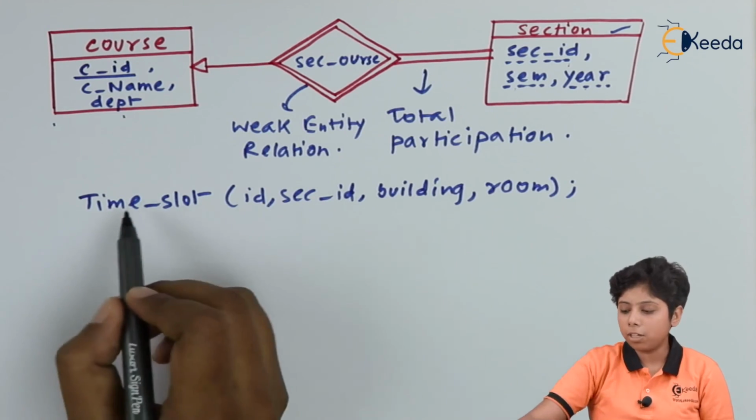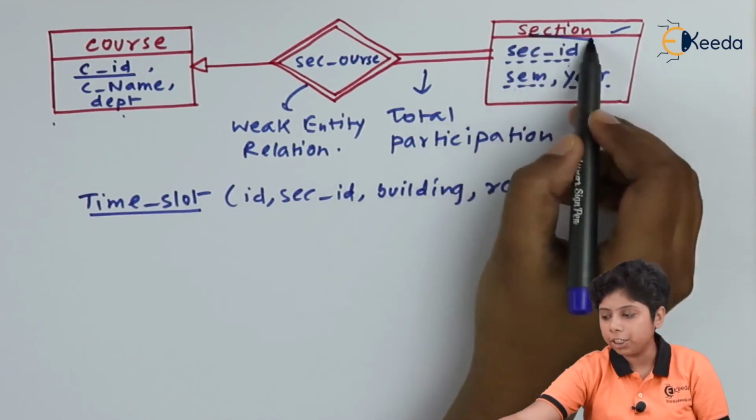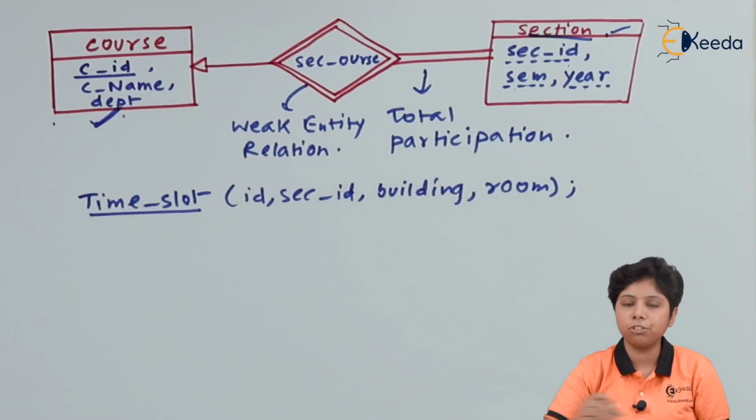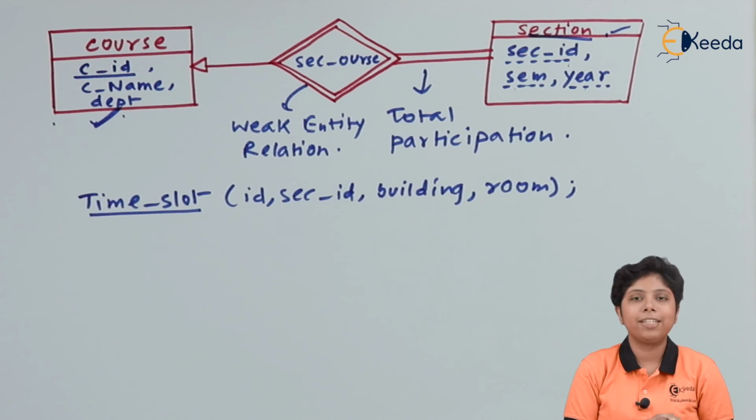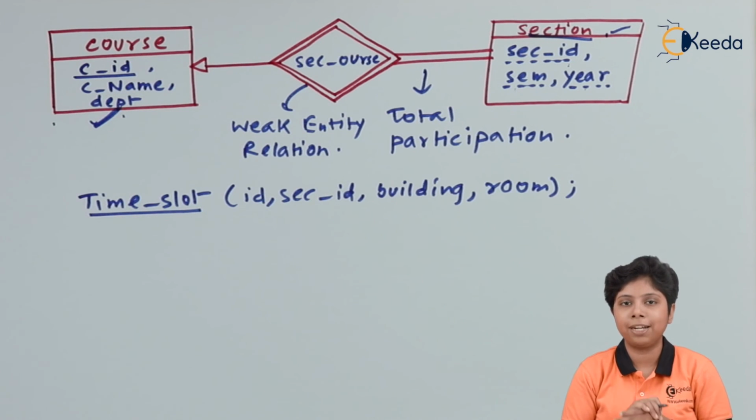So the time slot can be related to the section without any relation to the course. In this way, it is not mandatory that a weak entity set must first derive a relationship to the strong entity set. Without doing so, it can just relate to other relations in the database.